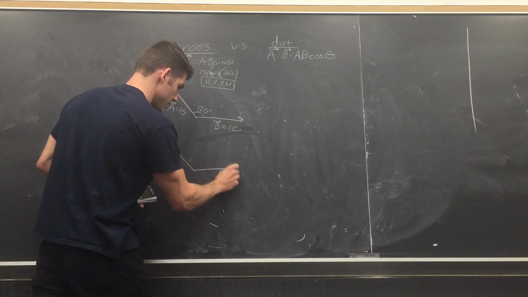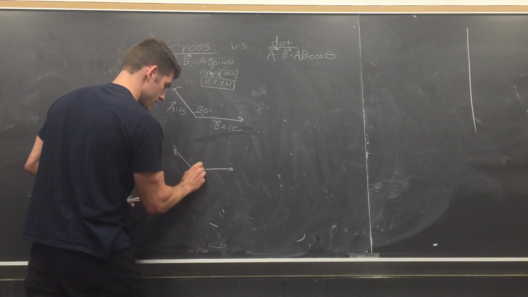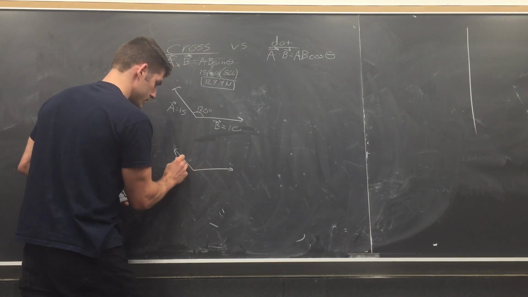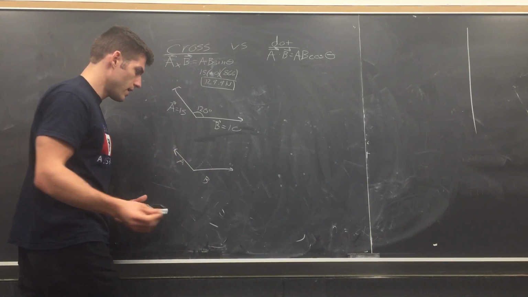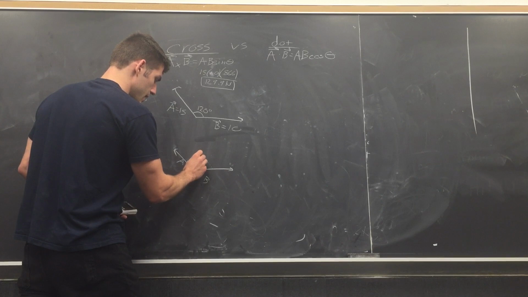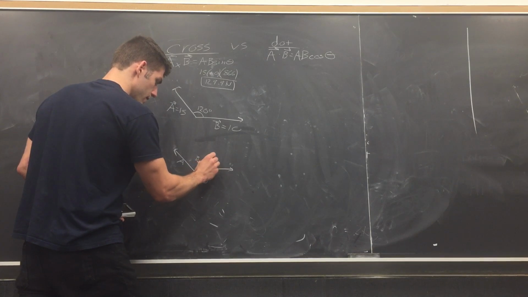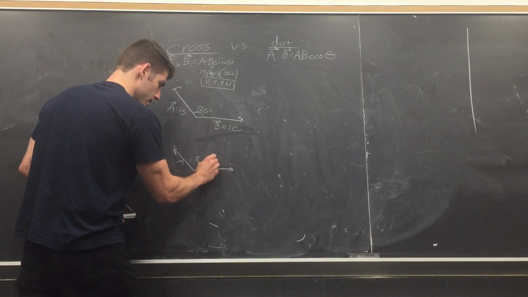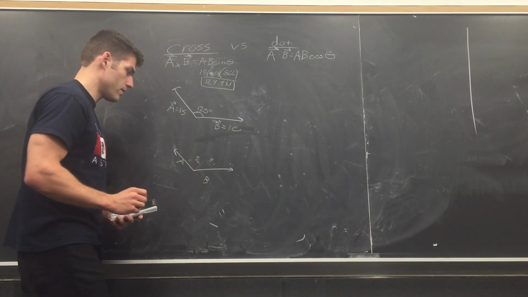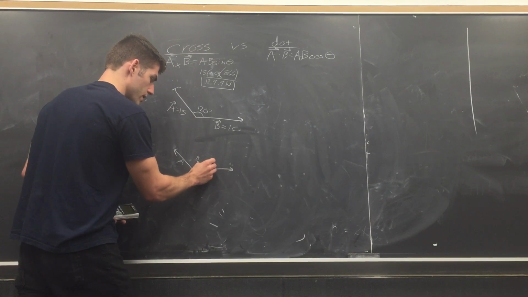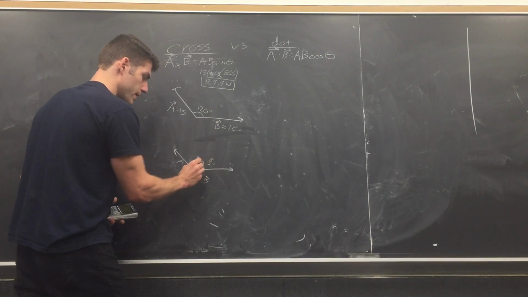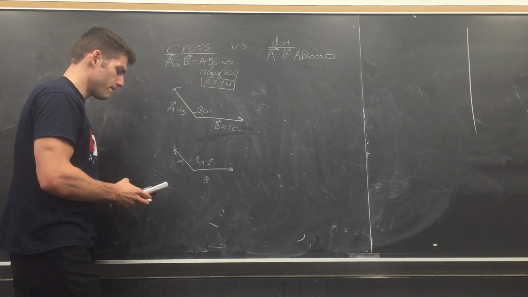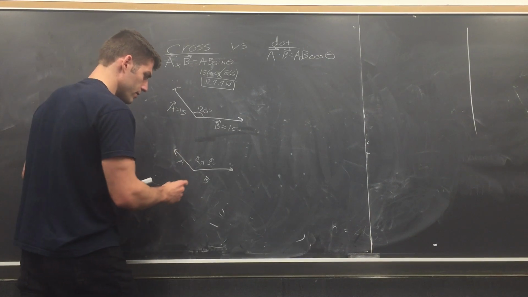So I would split this up into a B perpendicular value and a B parallel value. This is actually anti-parallel, but we're more interested in the perpendicular one, which is this one here.